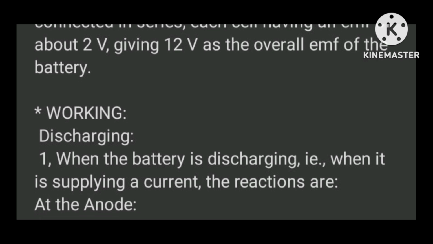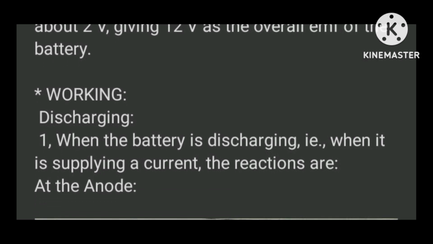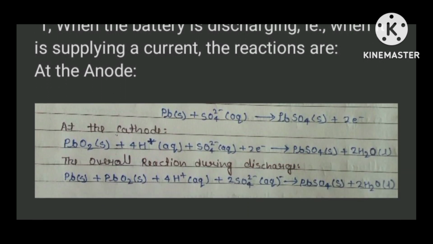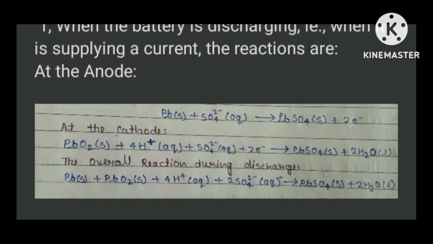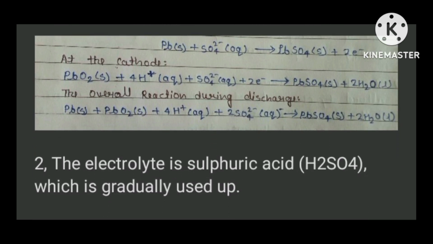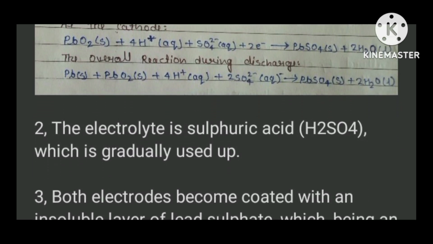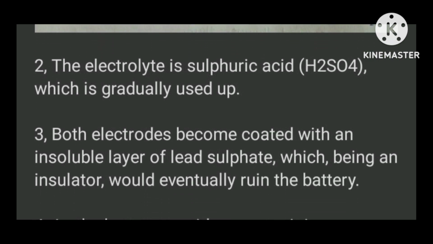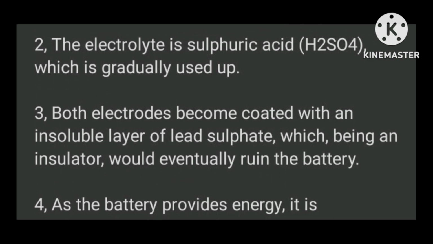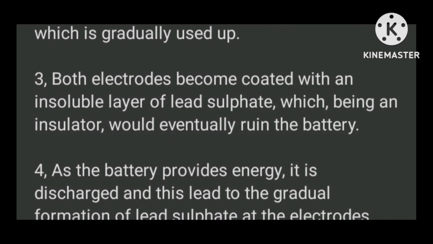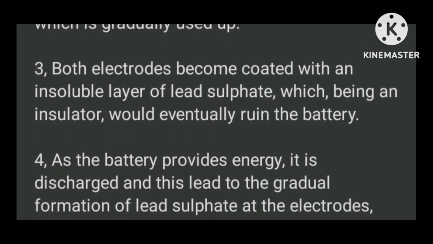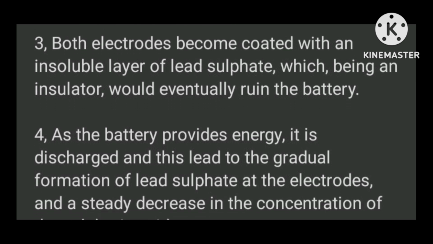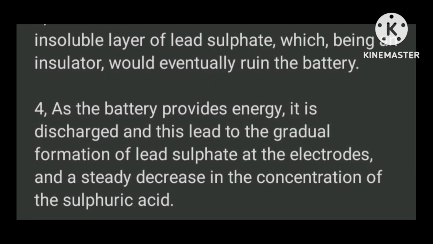Working, discharging. 1. When the battery is discharging, i.e., when it is supplying a current, the reactions are as follows: at anode, at cathode, and the overall reaction during discharge. 2. The electrolyte, sulfuric acid H2SO4, is gradually used up. 3. Both electrodes become coated with an insoluble layer of lead sulfate, which, being an insulator, would eventually ruin the battery. 4.